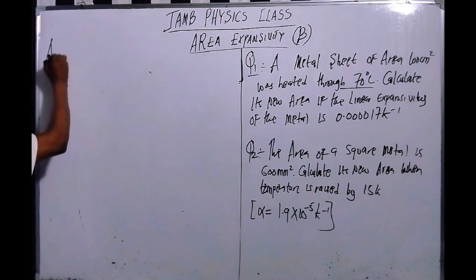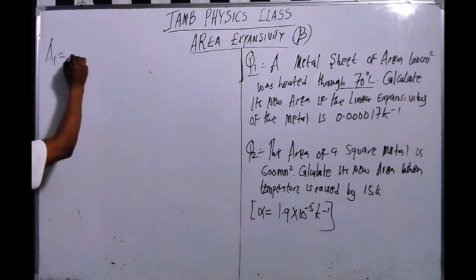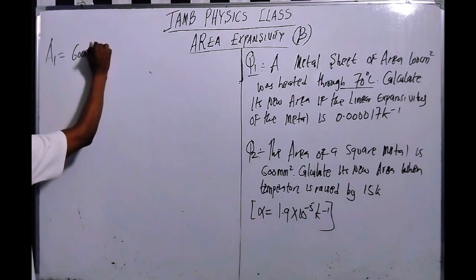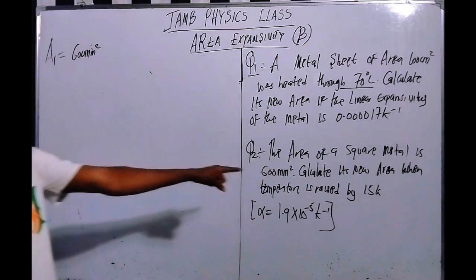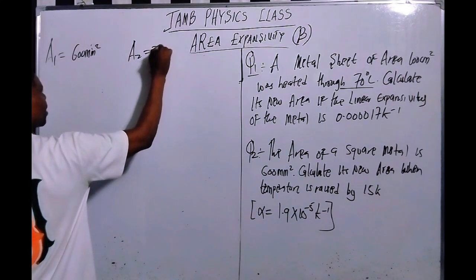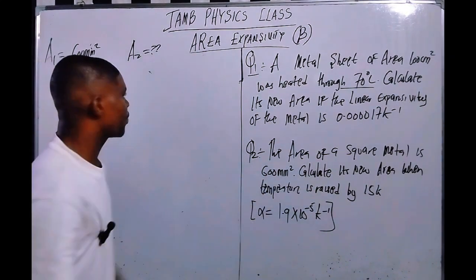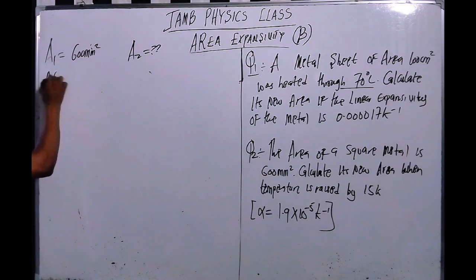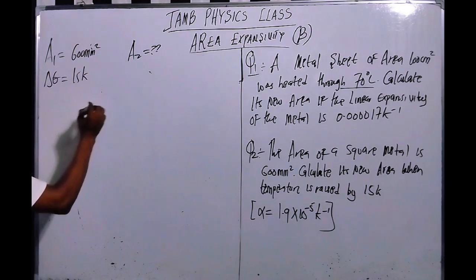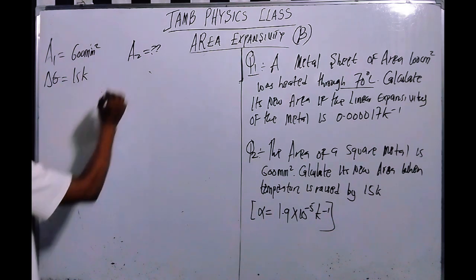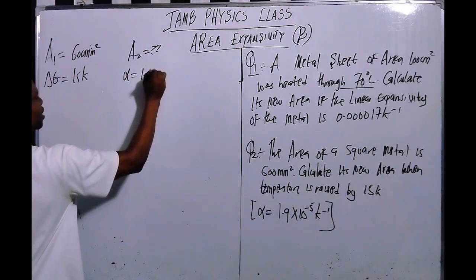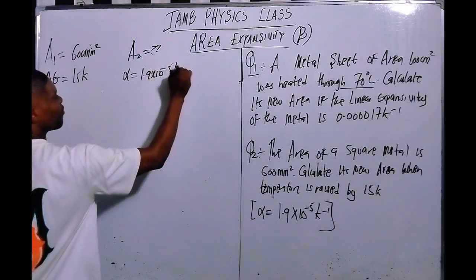My A1 is equal to 600 millimeter square, right? What they're asking us to calculate is A2. The change in temperature is already 15 Kelvin, right? Now my linear expansivity is 1.9 exponential minus 5 per Kelvin, right?